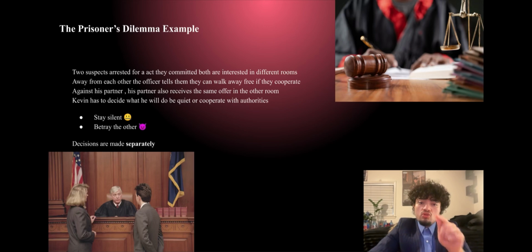Says, if you betray your partner, I will let you walk out of here free. Or you can stay silent and let justice run its course. That same deal is offered to you now, and you either have to stay silent or betray your partner. Decisions are made separately, but consequences are together.